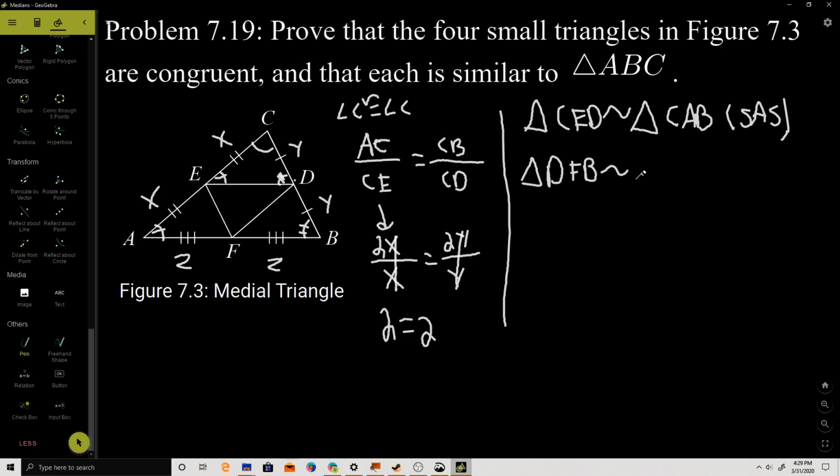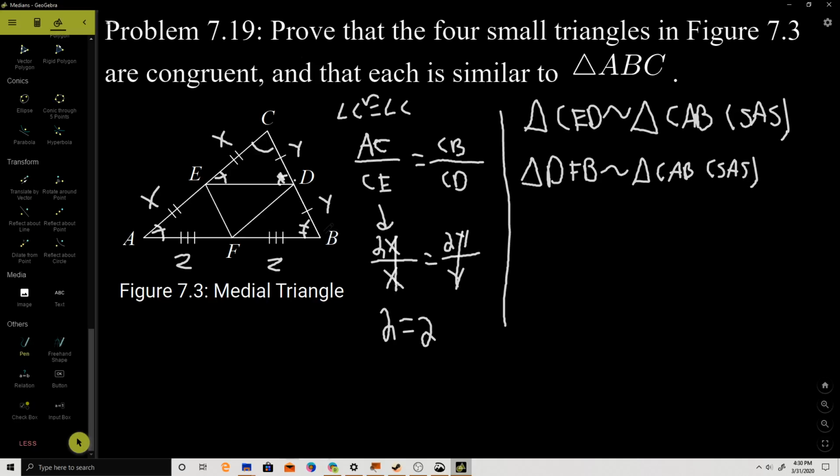That would have to be similar to triangle, well, DFB, D to F to B would be the same as saying triangle CAB. Yeah, easy. CAB. Because it's side angle side again.